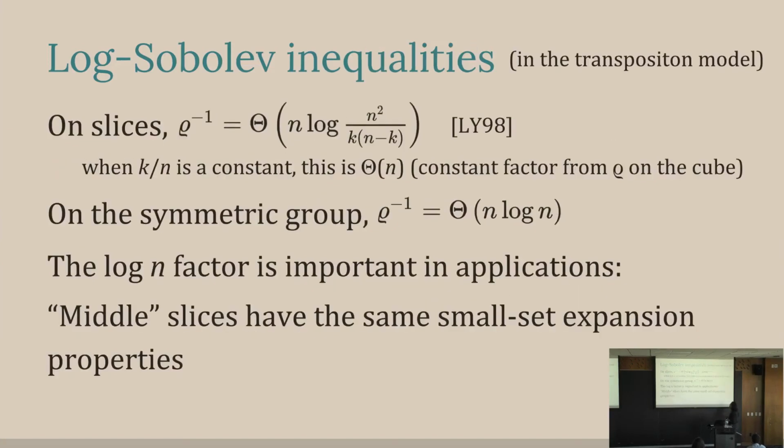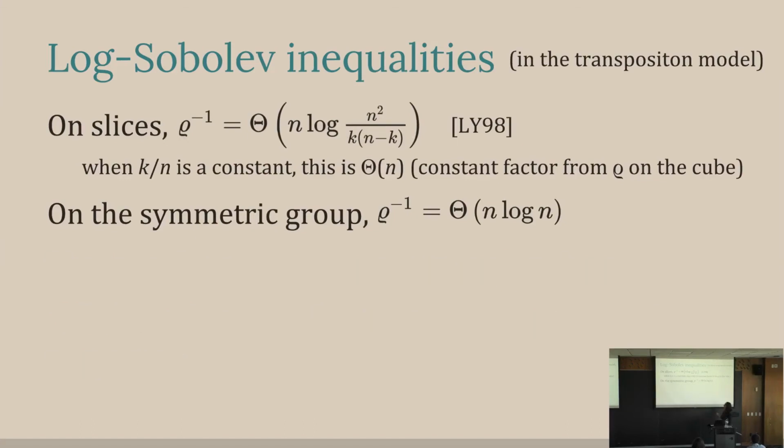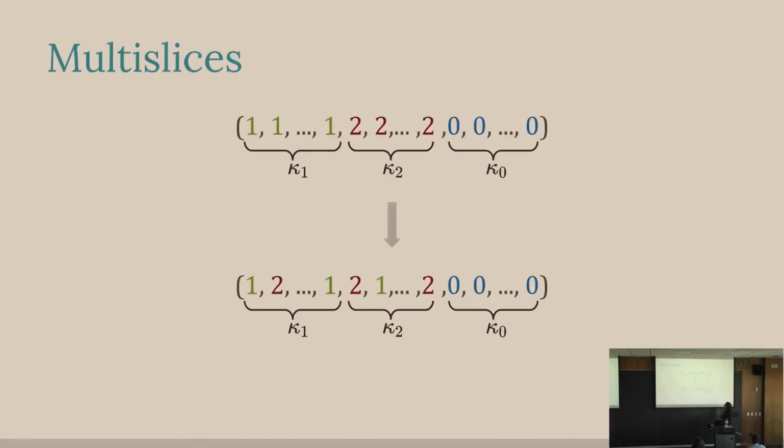And so our question is, does this also hold if you increase the number of different coordinates in the slice? If we look at the multi-slice case where there are 3 different colors, does it look more like the slice, or does it look more like the symmetric group?